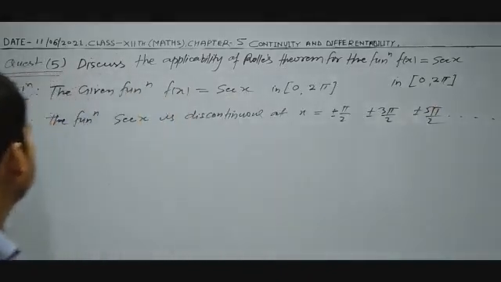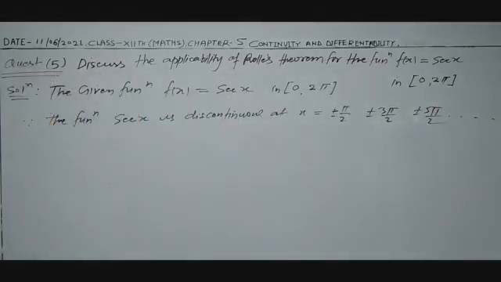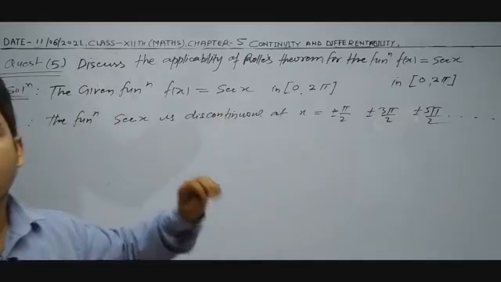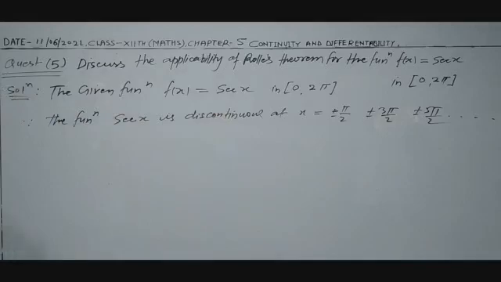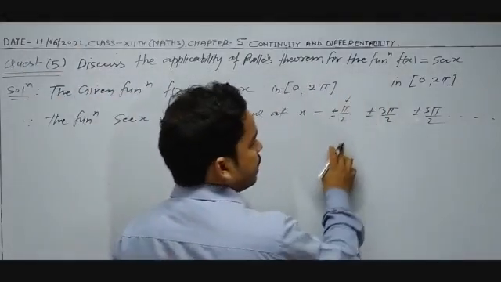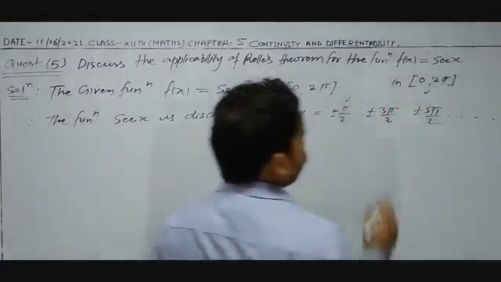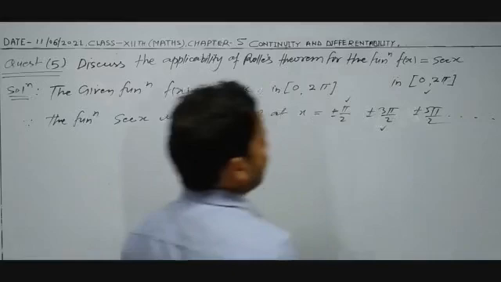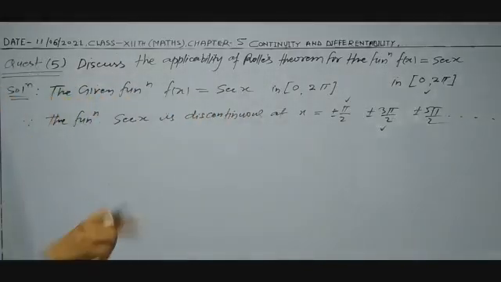I have written this already in some important points. The given function sec x is discontinuous at odd multiples of π/2. π/2 means 90 degrees, and this point lies in 0 to 2π, and 3π/2, that is 270 degrees, is also lying in 0 to 2π.